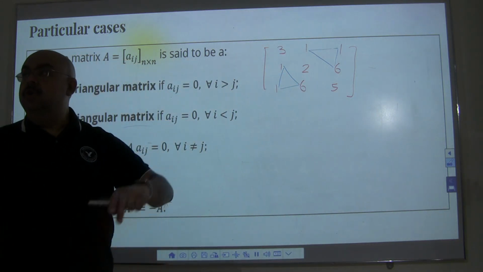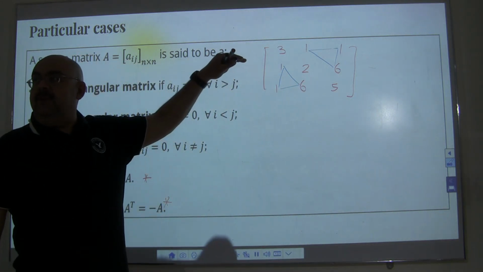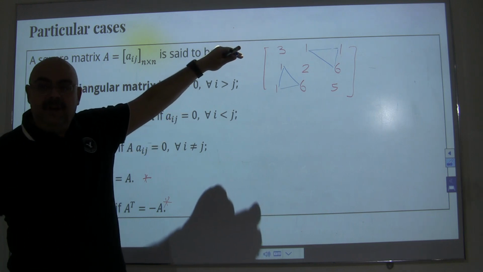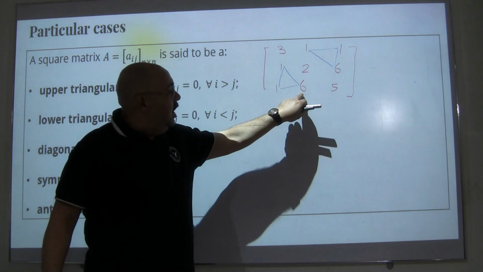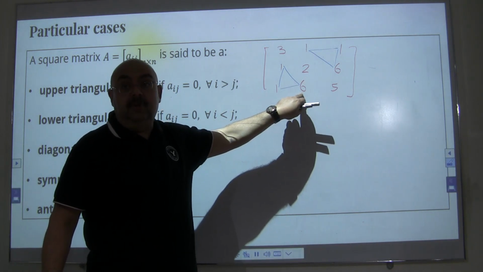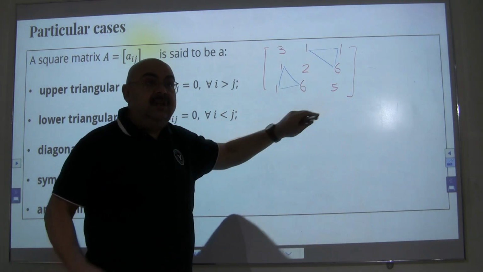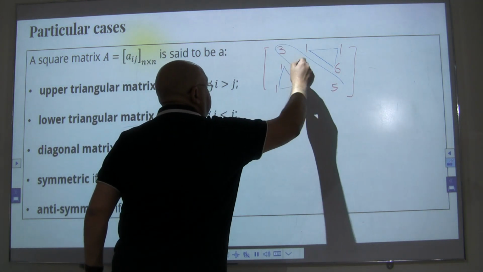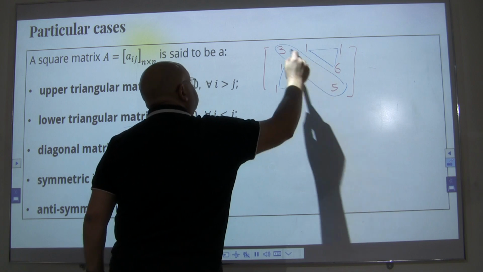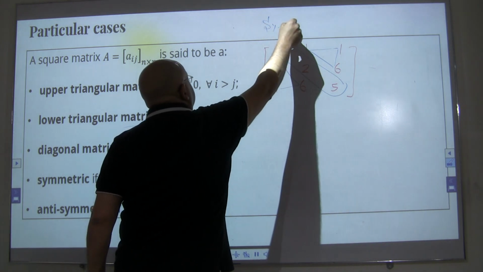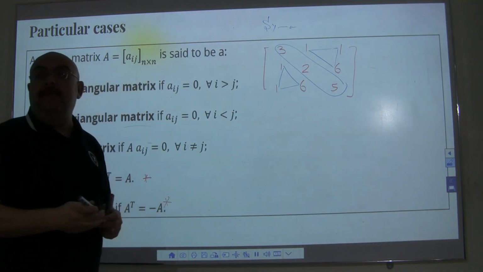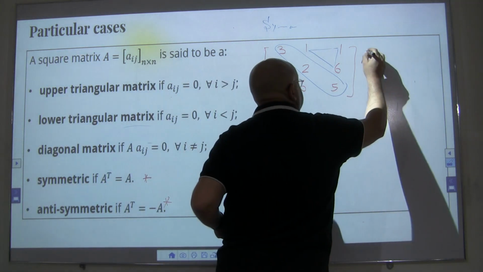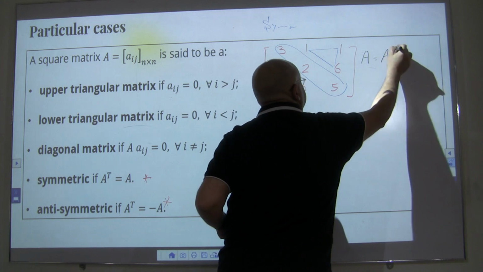The value 1, 2 equals the value 2, 1. The value 1, 3 equals the value 3, 1. The value of 3 and 2 equals the value of 2 and 3. The corresponding values around the principal diagonal are the same. This is called a symmetric matrix. One of the properties of the symmetric matrix is that its transpose equals the main matrix: A equals A transpose.